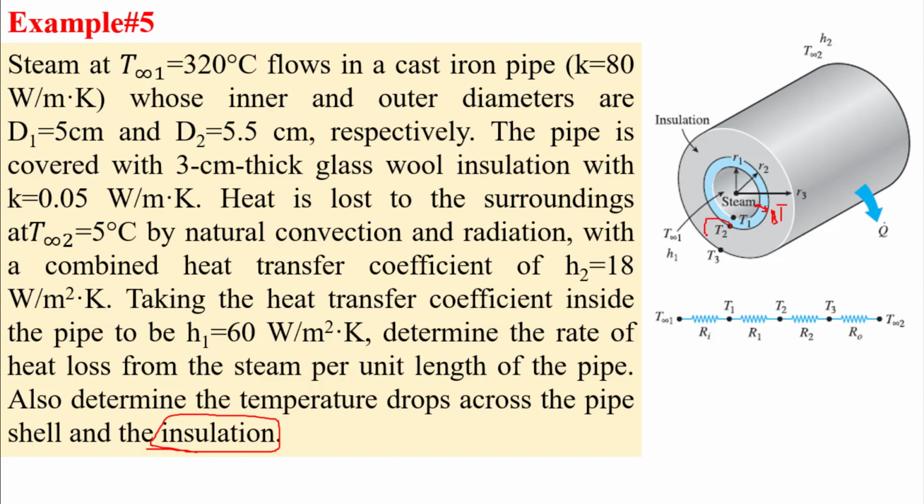So we have here T2 on this side and here we have T3. So I need again the temperature drop, delta T, across the insulation. This one is delta T for the pipe. Okay, so those are the requirements.